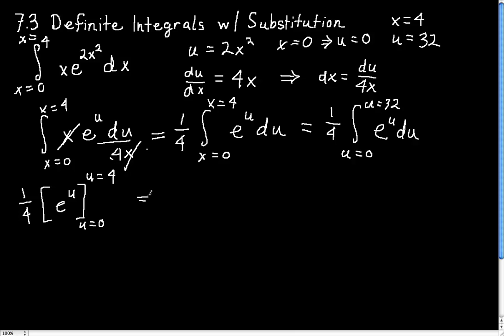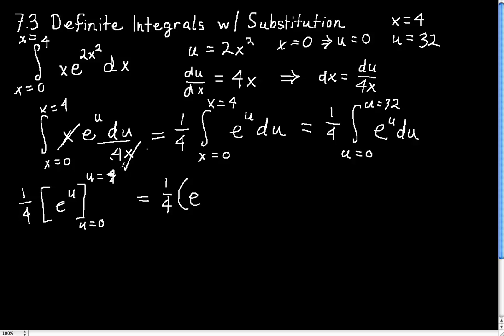And so I evaluate the top limit first. So I have 1/4 times, and I'm not going to use a decimal approximation here. You can do this on your calculator. My answer will be exact. We're going to do this entirely by hand. So I get u to the 4, or I'm sorry, this is not supposed to be 4.